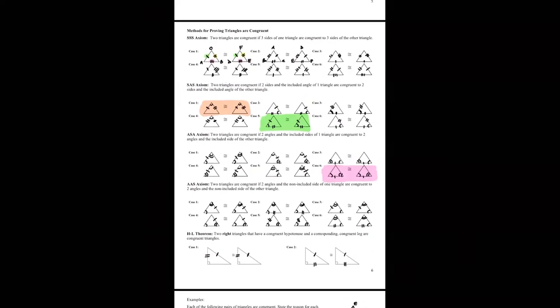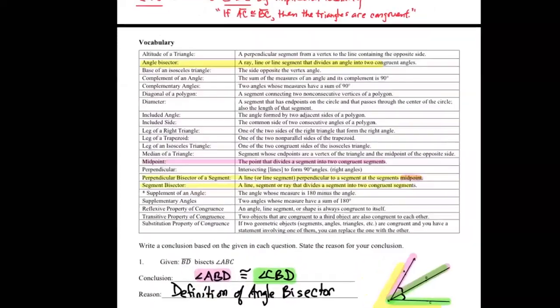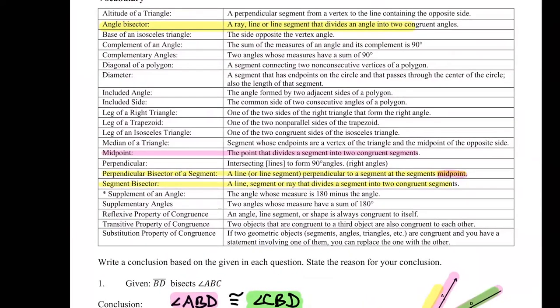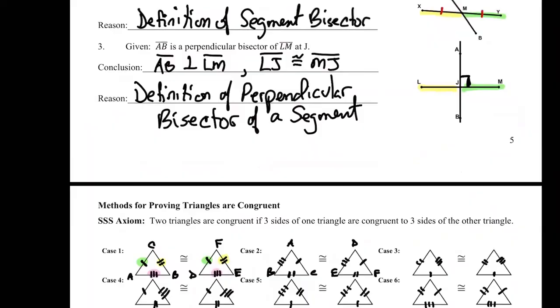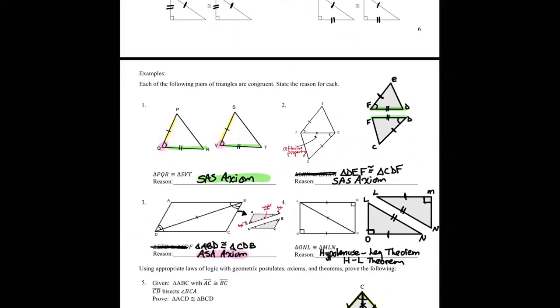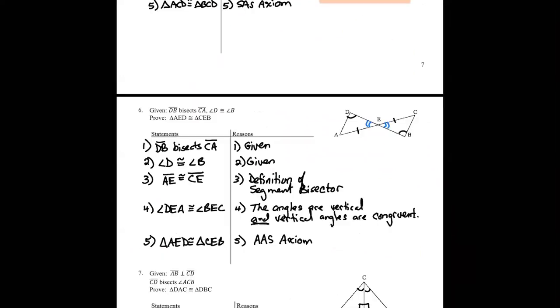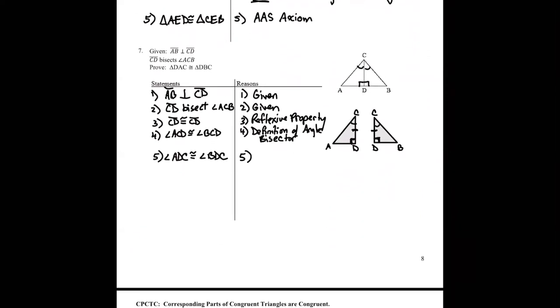But you could also look up in our definitions to see if there's anything that could be helpful, like perpendicular lines intersect to form 90-degree angles. So if we know that they're both 90-degree angles, then they must be congruent. So we'll take that idea, build upon it, and we'll have our reason for stating that these two angles are congruent to one another.